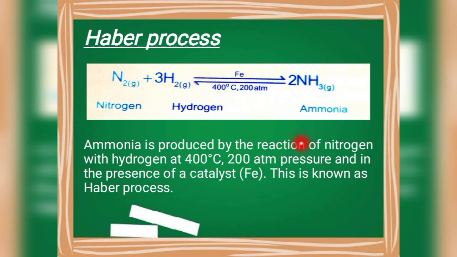This process is known as Haber's process. Okay, here in the preparation of ammonia, we use a temperature of 400 degrees Celsius and apply a pressure of 200 atmospheres.